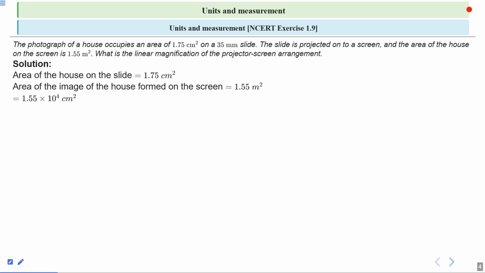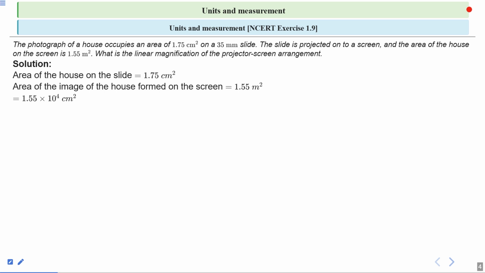We have to find the magnification, so we need to change the unit, right? Either make this 1.75 centimeter square into meter square or make this into centimeter square. So we did the second option, which is easier to calculate.